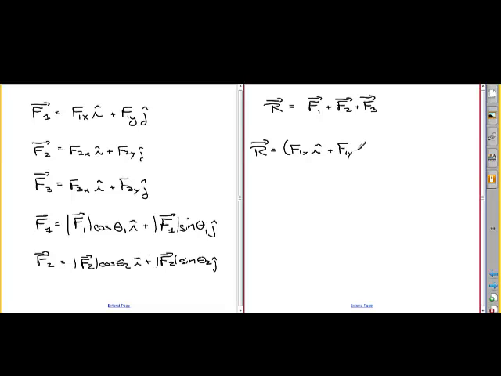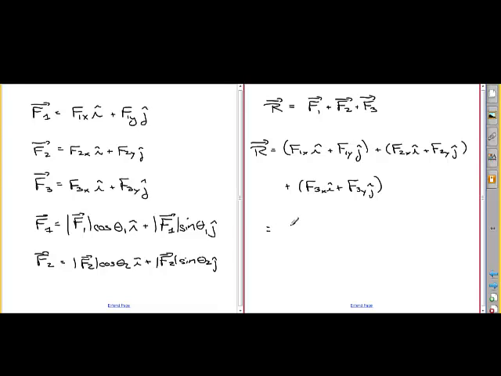And I'm going to just use the form that's without the angles just to make it a little easier to do. So that's F1, and then you'd have F2, so you take F2x times the unit vector in the i direction, F2y in the j direction, plus F3 in the x direction, plus F3 in the y direction.